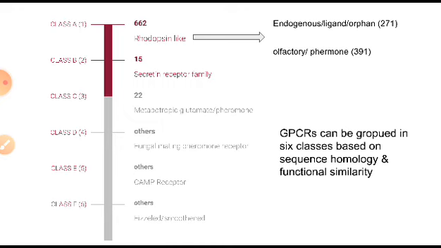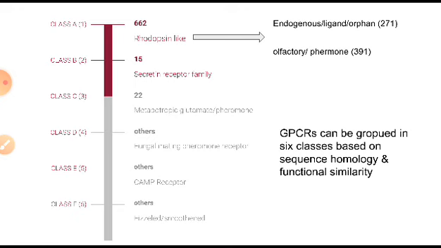If you see, class 1 is distributed over 662 genes, class B 15 genes, class C maybe 22 genes, and classes D, E, F come under the others, which have 92 genes, right?